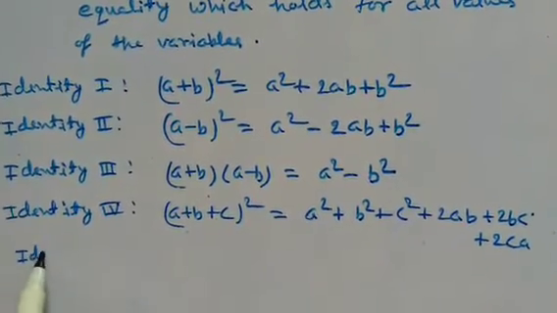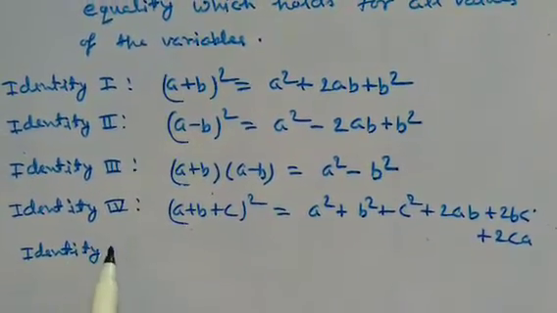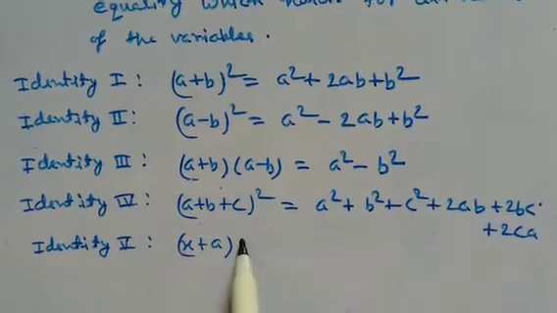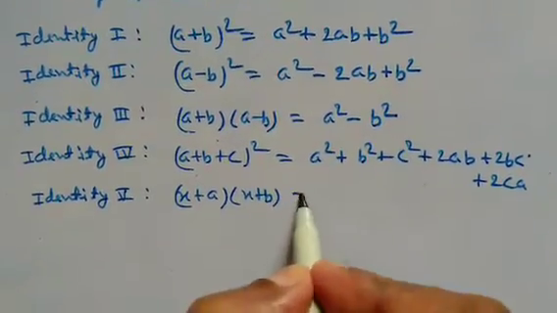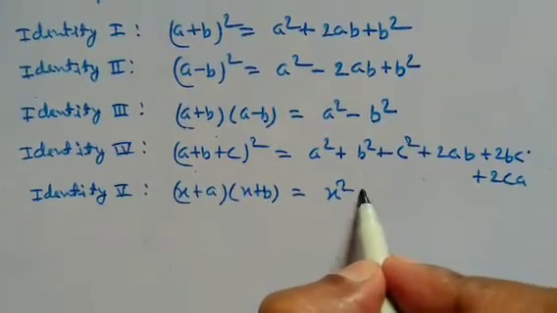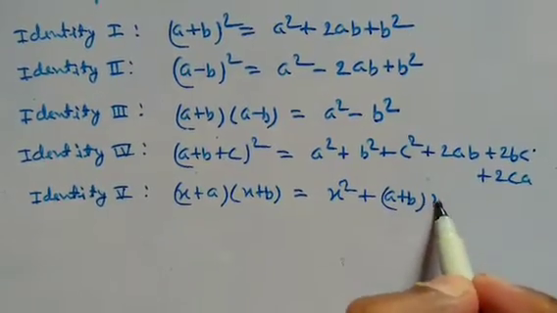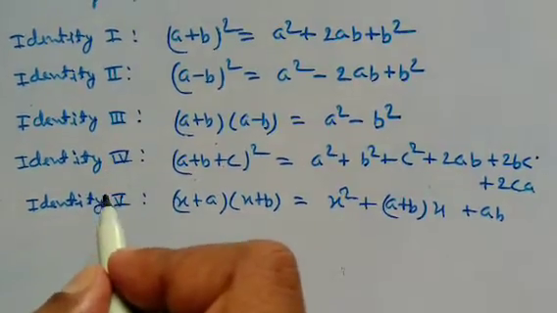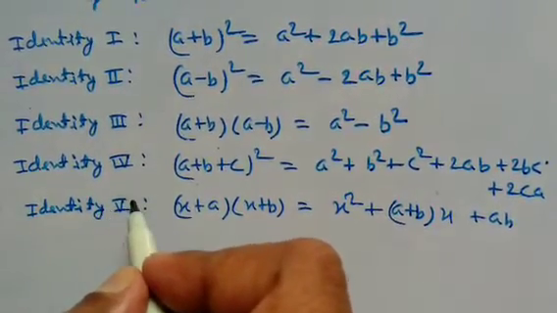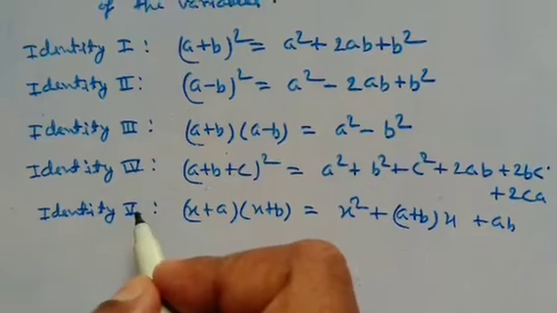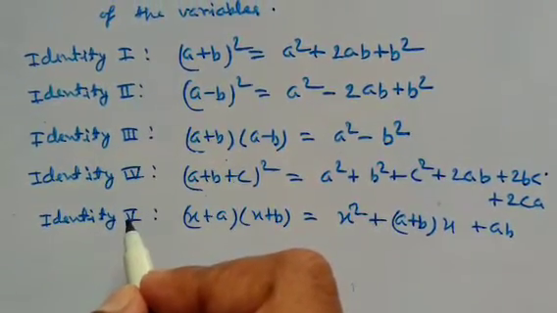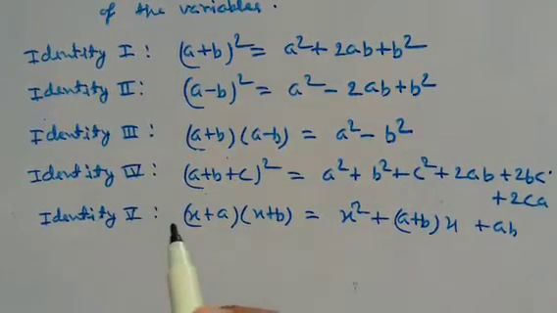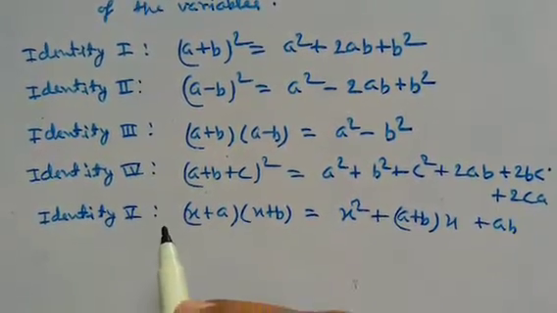Identity 5, (x plus a) into (x plus b) equal to x square plus (a plus b) into x plus ab. These are the 5 identities you have to learn. At first we will verify identity 1 and identity 2.